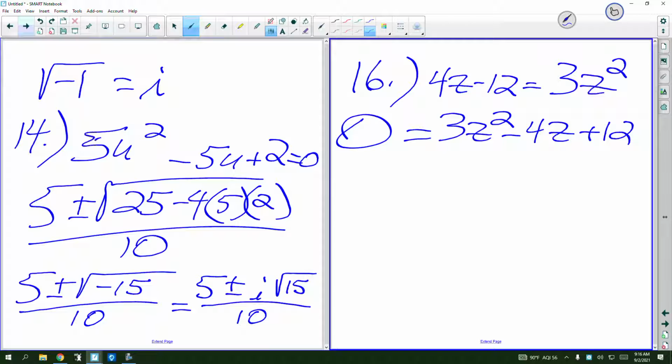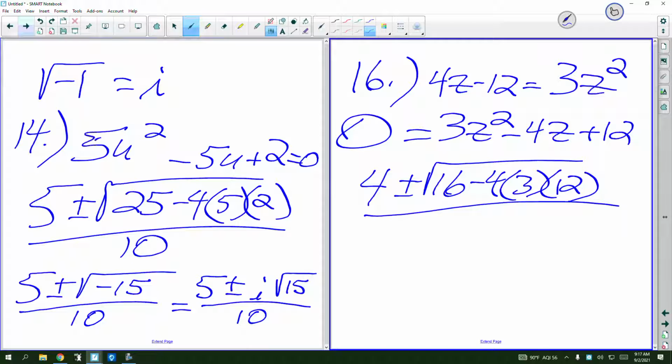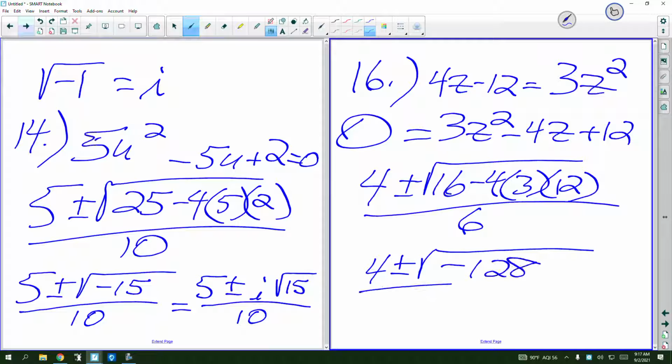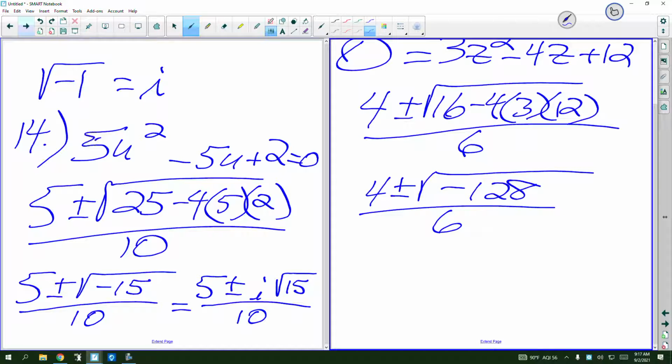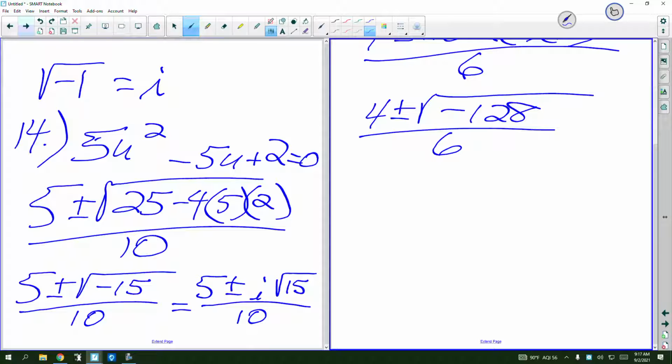Here we go. Negative, negative 4 plus or minus the square root of 4 squared minus 4ac all over 6. So it's 4 plus or minus the square root of 144 minus 16. 128. 128 is 64 times 2, right?